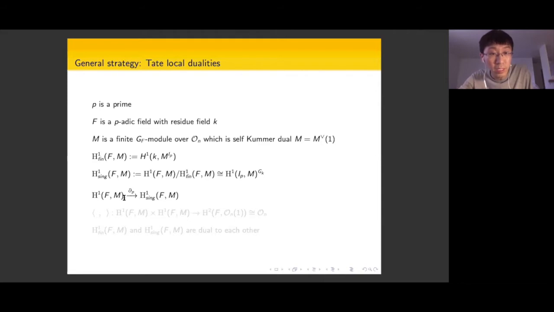I will write the natural quotient map as ∂_p and refer to it as the singular quotient map. Then you have the local Tate pairing for the Galois cohomology of F. This is a perfect pairing, and the finite part is isotropic under this pairing, which means that the finite part and the singular quotient are dual to each other. So this is the local Tate duality I need.